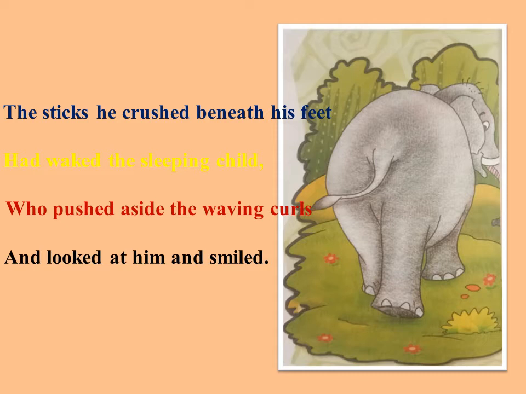Waving curls means twisted hair. He looked at the elephant and smiled because he had no worry, no tension, no fear. Why? Because he was a child, he was not able to understand the size and power of the elephant.